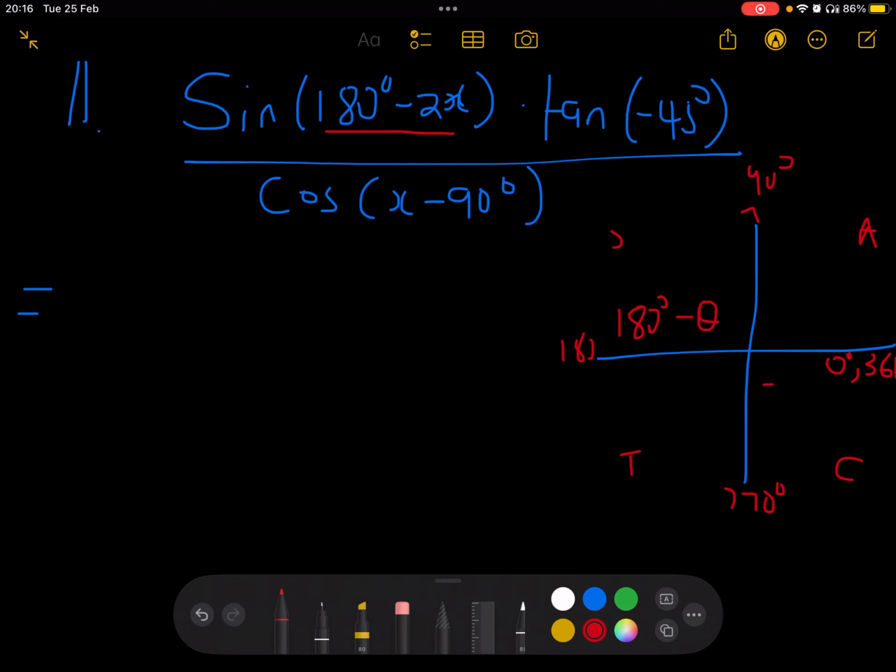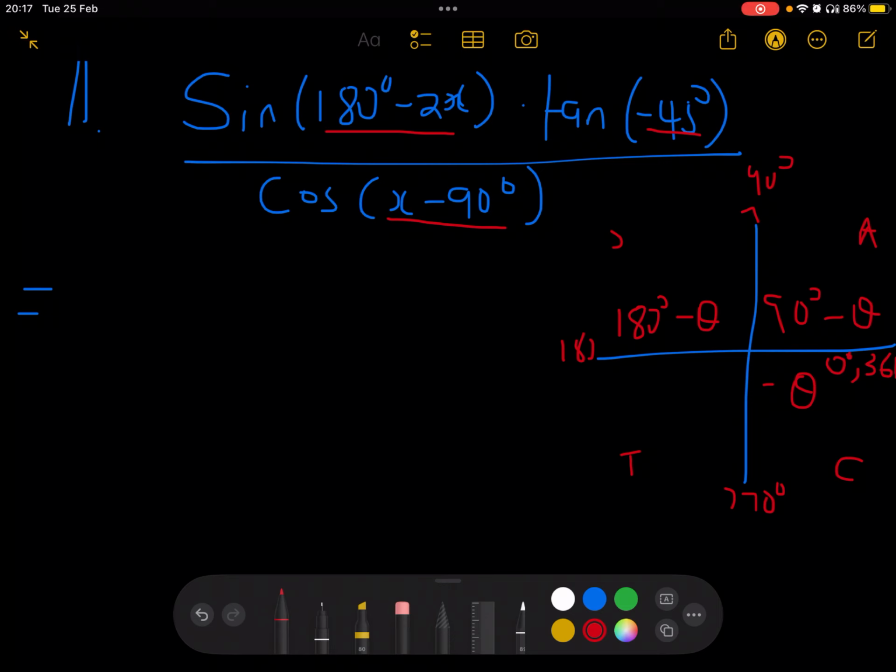So we have 180 minus an angle theta in this quadrant. We have negative angles in this quadrant. We also have 90 minus an angle theta, which belongs to the cofunctions. And how am I guided? I'm guided by the angle here, which is minus an angle 45, and then this x minus an angle.